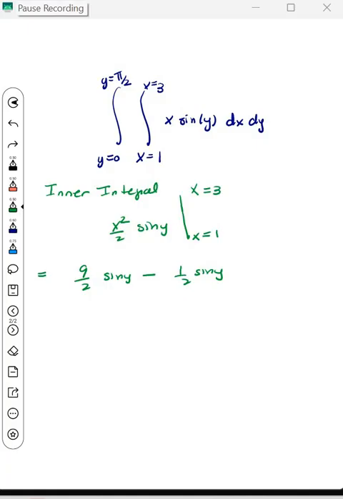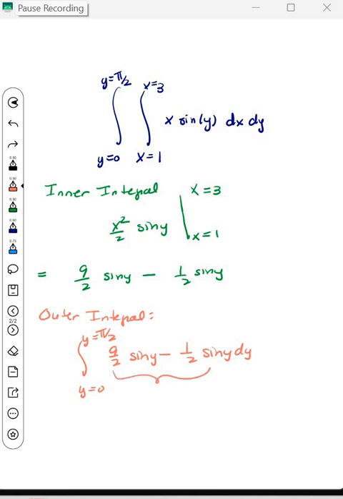Now I do this again, my outer integral. It's going to look like the integral from y equals 0 to y equals pi over 2 of 9/2 sine y minus 1/2 sine y dy. And I guess I could have just written this as 8/2 sine y, which is really 4 sine y.